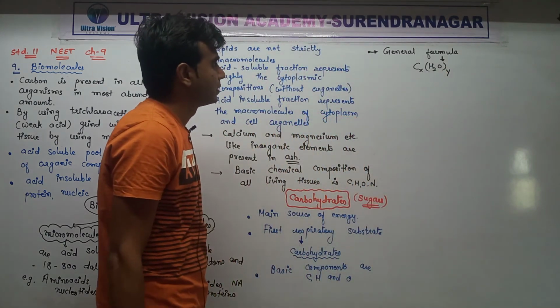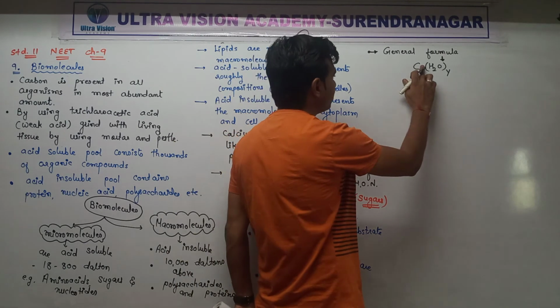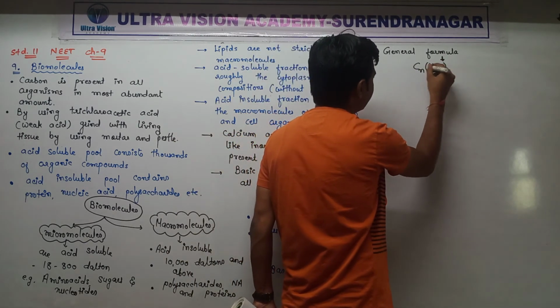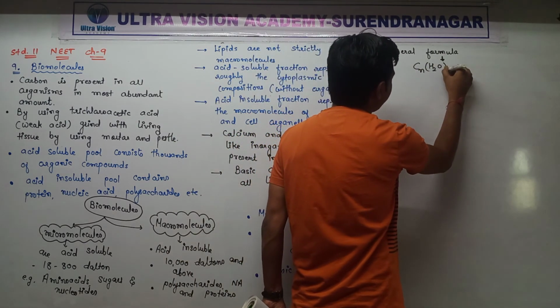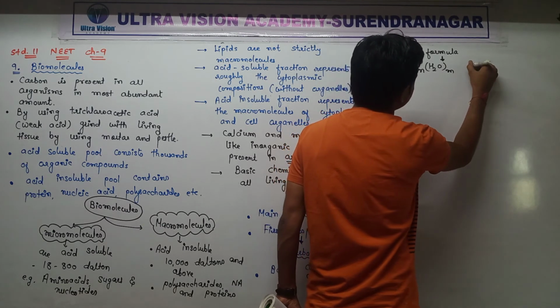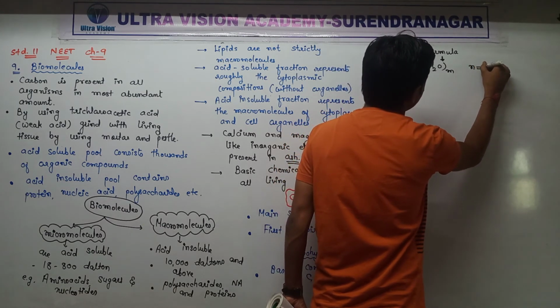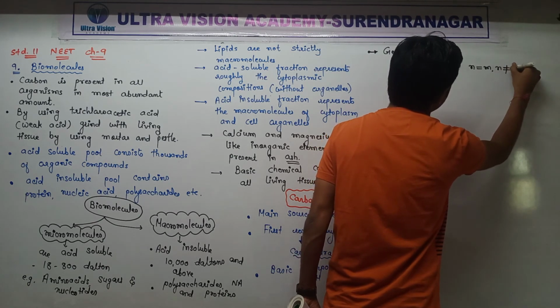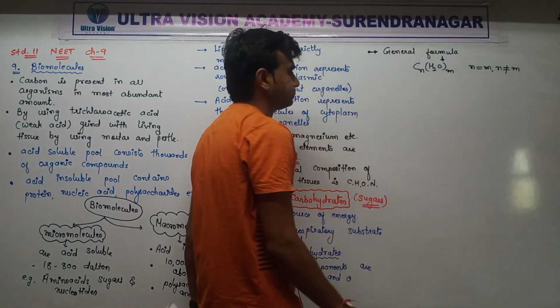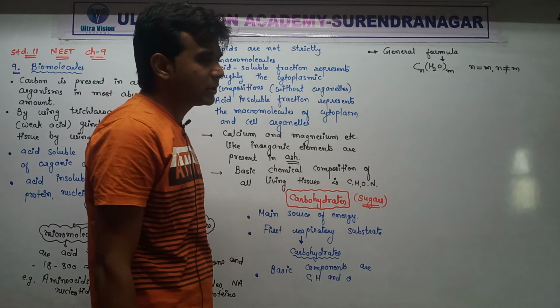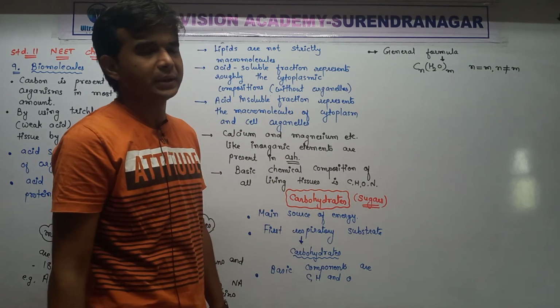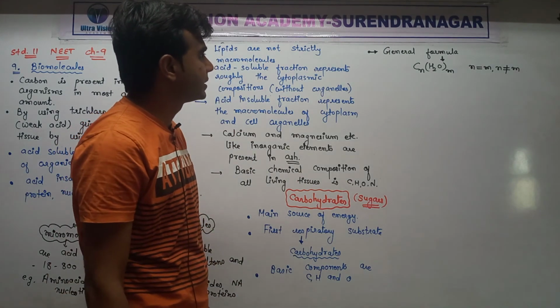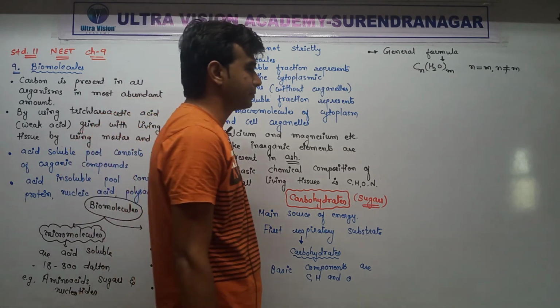The general formula is CnH2mOm, where n is equal to m in most of the sugars, but in a few sugars n is not equal to m.